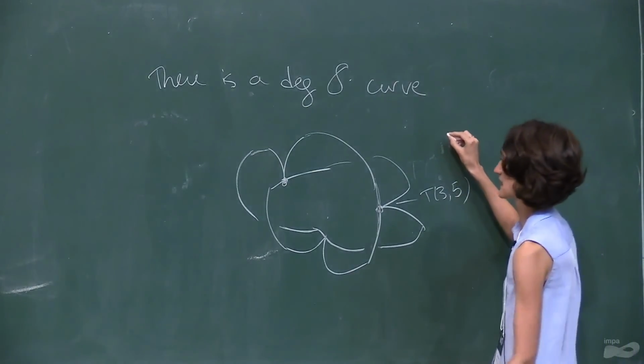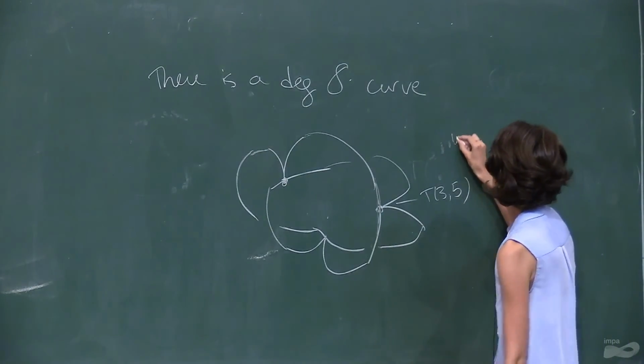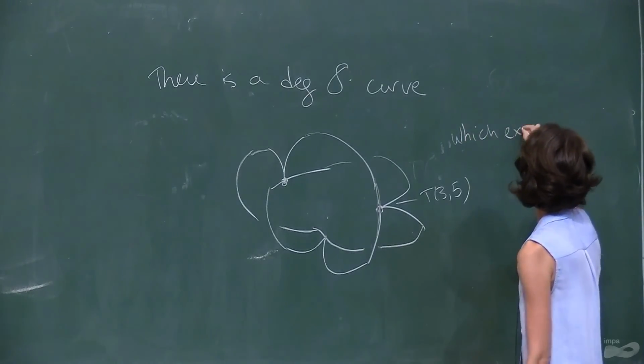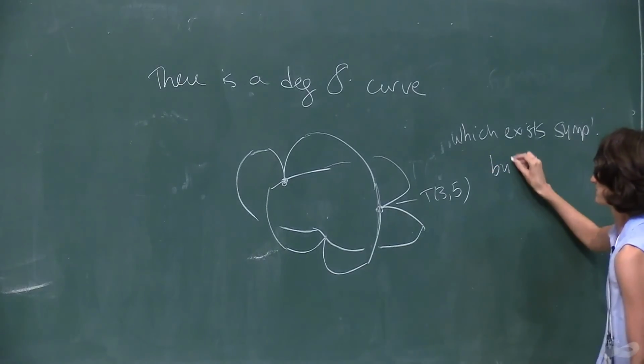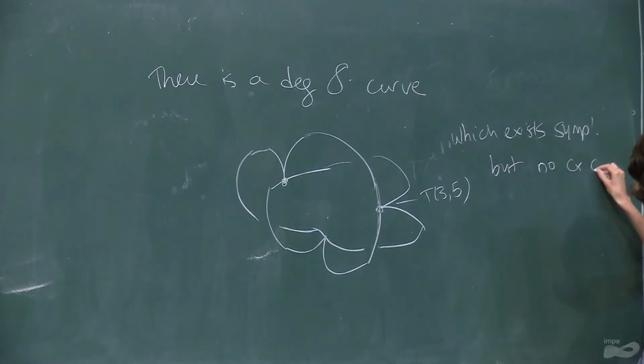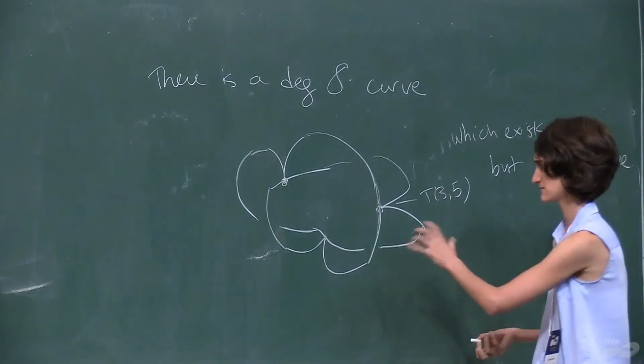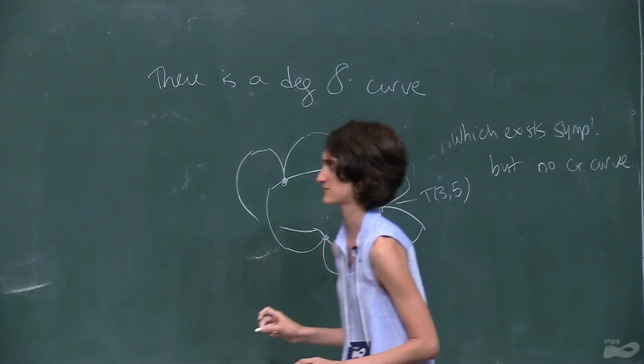So this is a type of singular curve which exists symplectically, but there's no complex curve. And I think that there's a unique isotopy class of these guys symplectically, but there's a little bit of details that needs to be figured out for that.